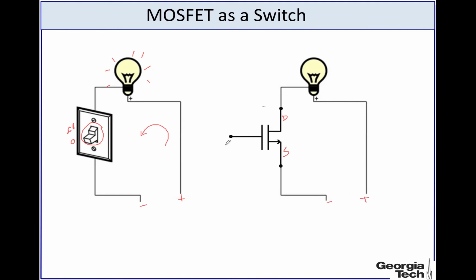If the gate voltage here is very small, then it will be an open circuit, so there will not be any current flowing through. And if this voltage is larger than a certain voltage, which we call the threshold voltage, then the resistance between the drain and source will be very small, and then a current will flow and this bulb will light up.